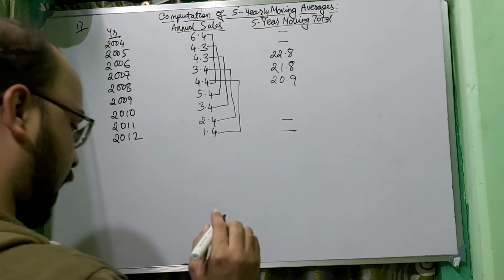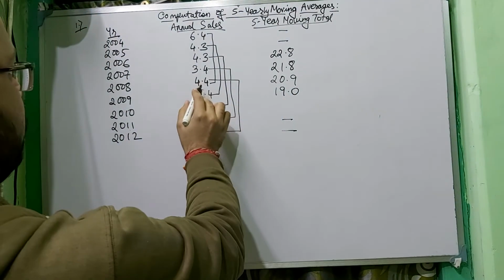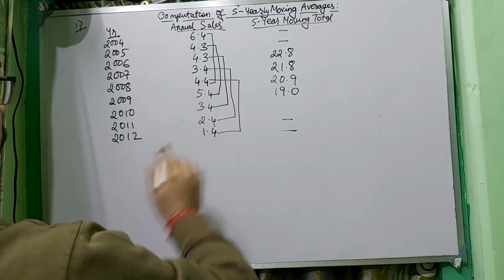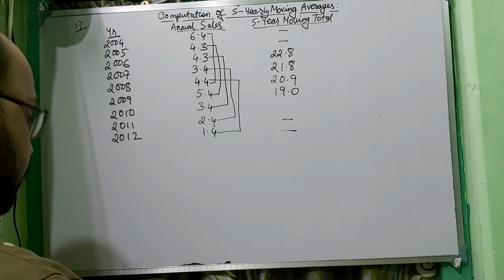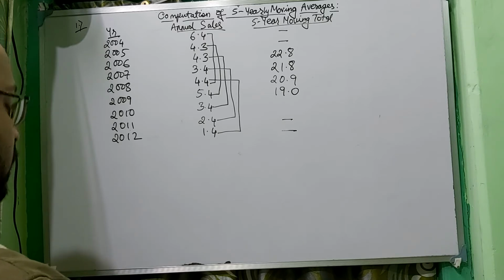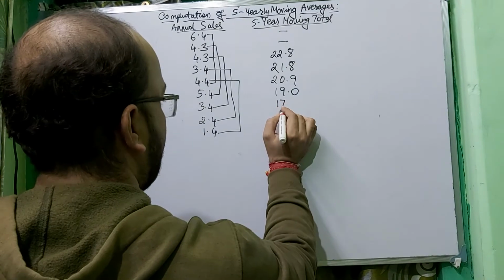It is coming exactly 19. And the last one will start from 4.4. 4.4 plus 5.4 plus 3.4 plus 2.4 plus 1.4. It is coming exactly 17.